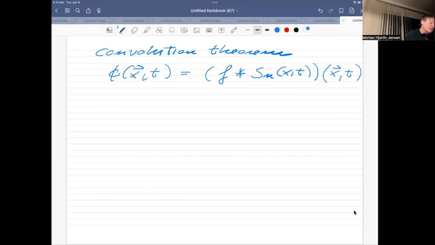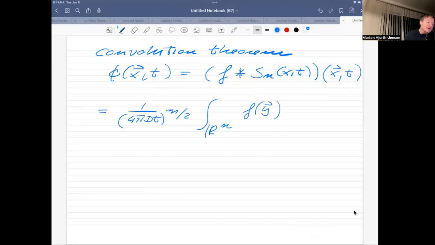Mathematically, this is written as 1 over 4 pi D t to the power of n divided by 2. Then I have an integral over all the spatial degrees of freedom, since this is now an n-dimensional object. Then I have this initial function f of y.